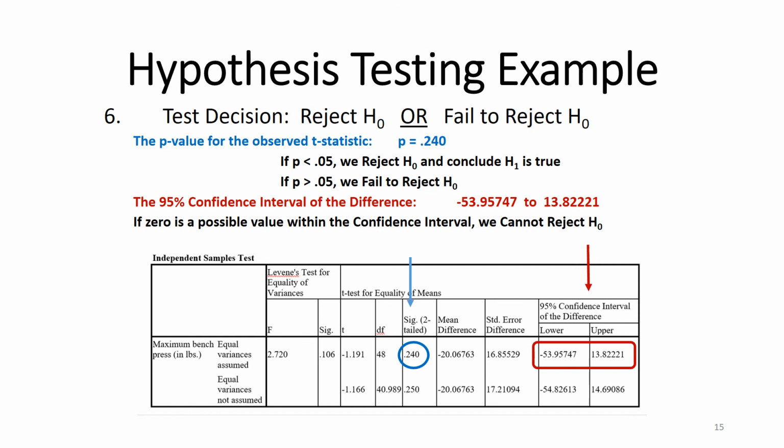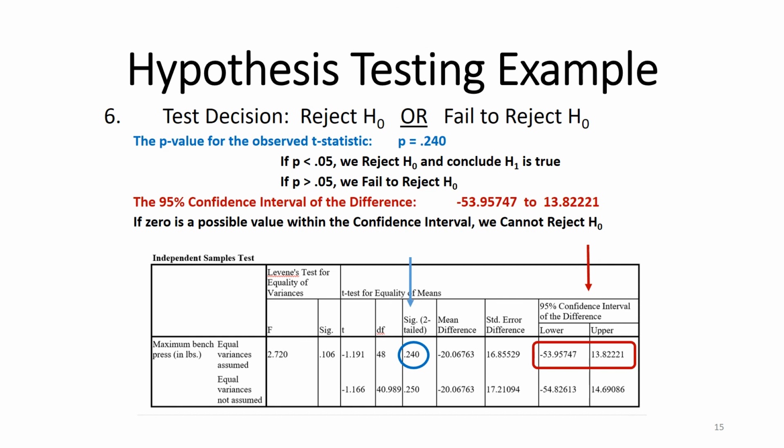If you learn nothing else this semester, this may be one of the most important things I want you to take away. If your p-value is less than 0.05, you can reject the null hypothesis. Once again, if your p-value is less than 0.05, you can reject the null hypothesis.